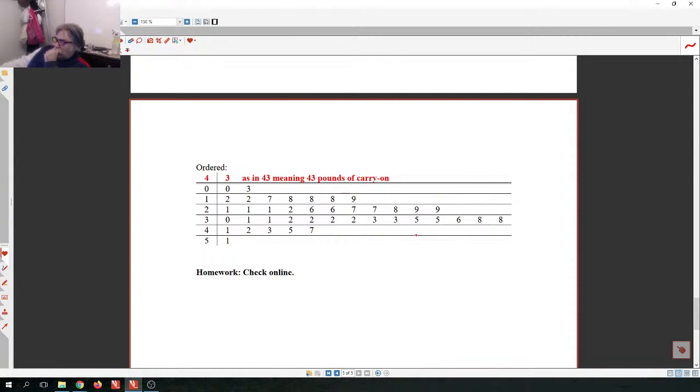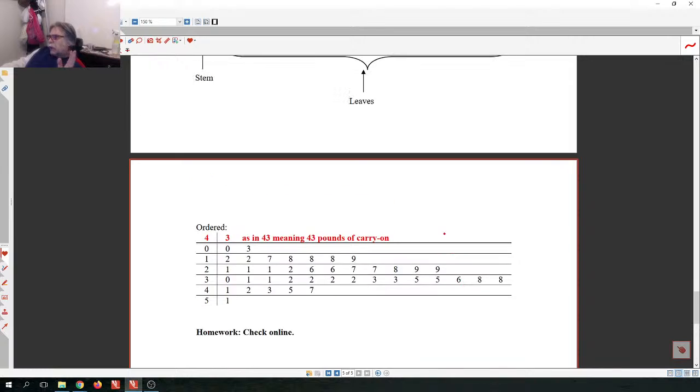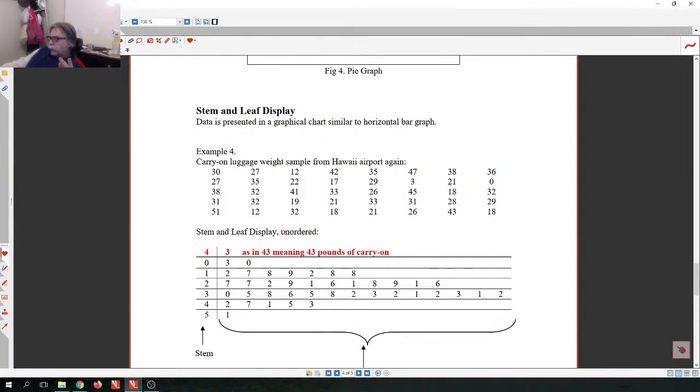What I'm doing here is using that sample of Hawaii Airport. The sample is not ordered, so I don't have the data in order. I would like to make a stem and leaf display of this sample that will also help me to order the data. How is that done?